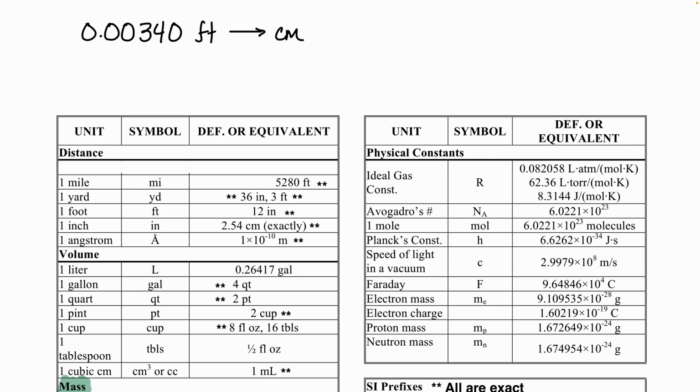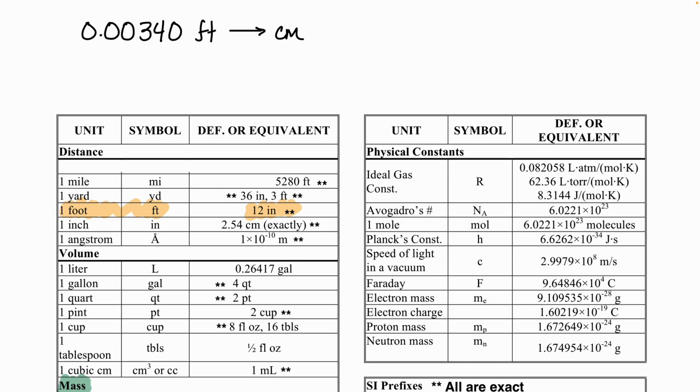All right, I'm going to look at my table here, and I'm going to fall into a little bit of a problem, which is that there's no one entry that takes me from feet into centimeters. All right, instead, I have this entry that tells me that 1 foot is 12 inches. So I can go from feet to inches. I got to find my little path. Oh, I get it. From feet into inches.